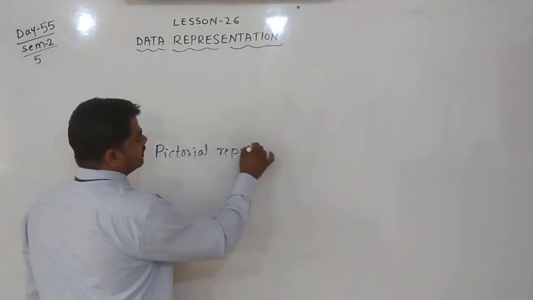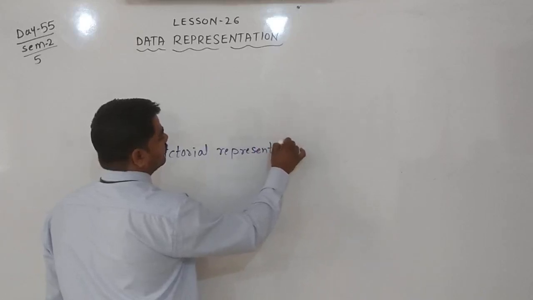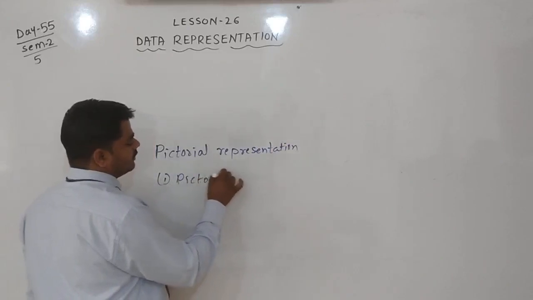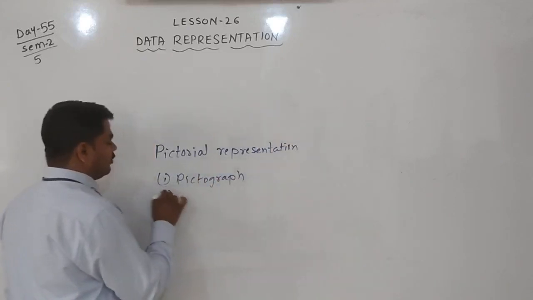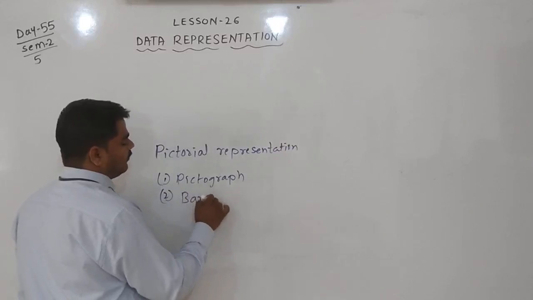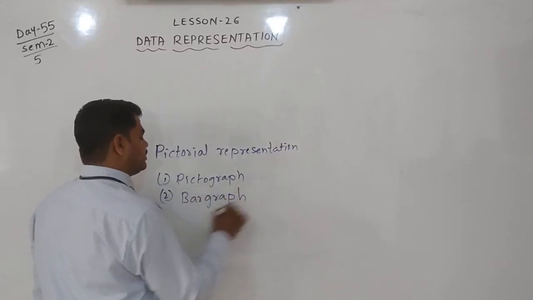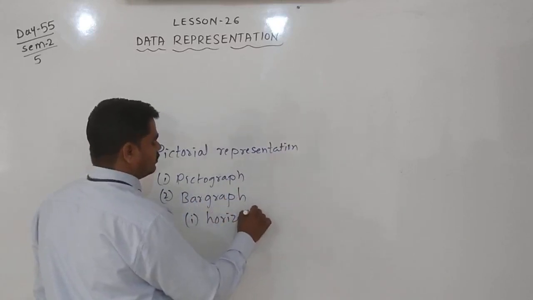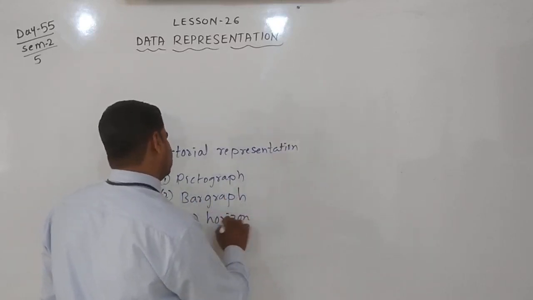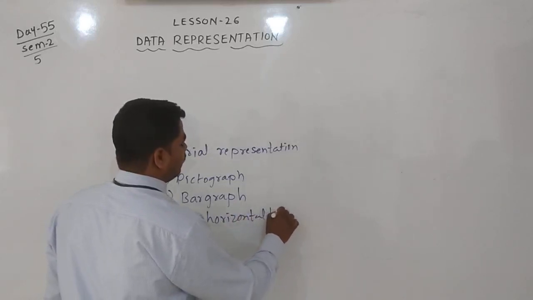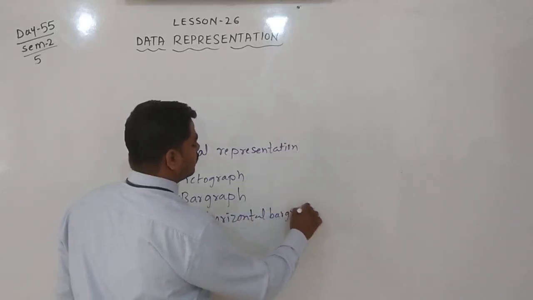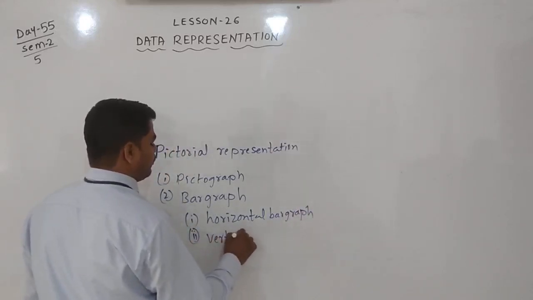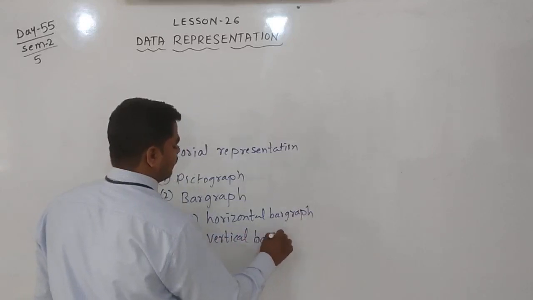In this pictorial representation we can have pictograph. Next one is bar graph. In this bar graph we can have two types, horizontal bar graph and vertical bar graph.